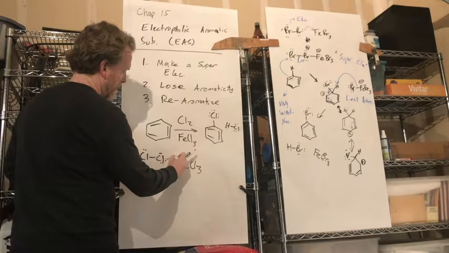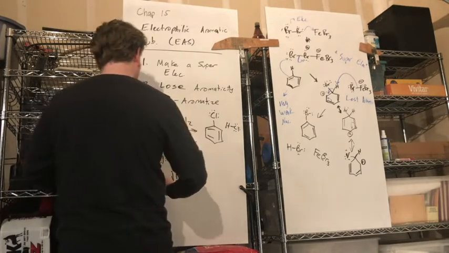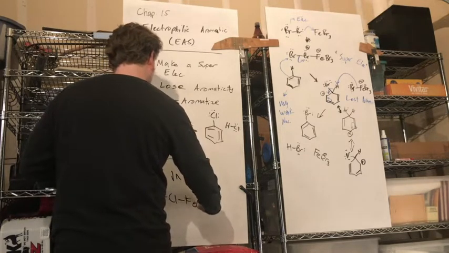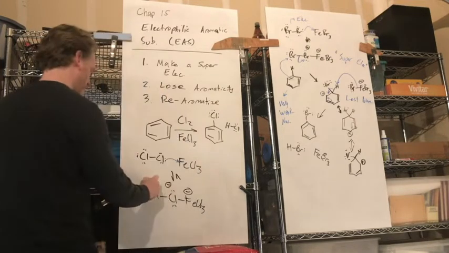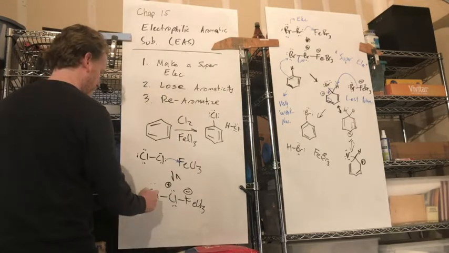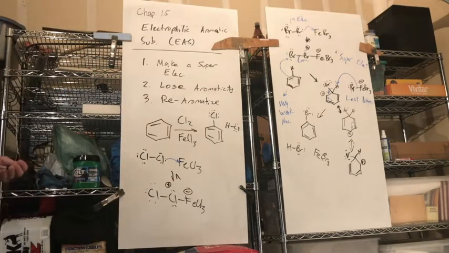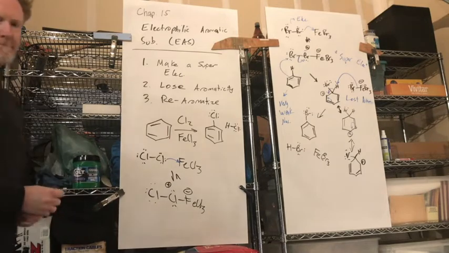And then what it adds here to the iron, you get a superelectrophile. The benzene can open up, add the chlorine on the end to it, lose aromaticity, re-aromatize.